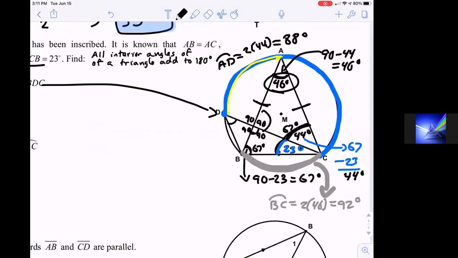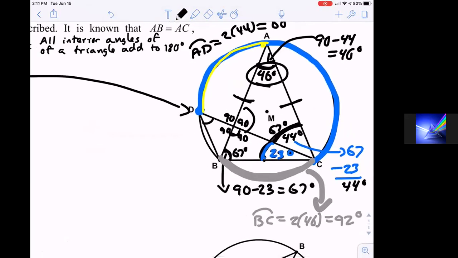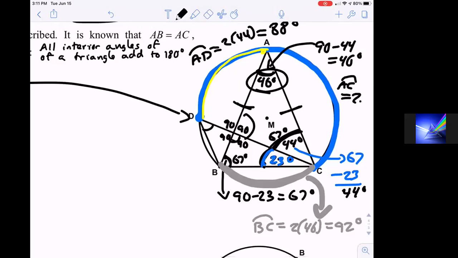Okay, similarly, this side over here, arc AC. Sorry, it's going to be 2 times the inscribed angle right here of 67 degrees, which is 134. So I'm working my way around the circle, finding what I can.